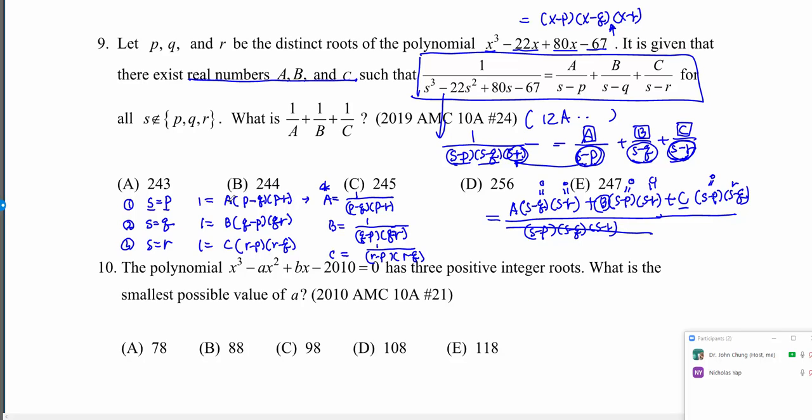Over here, 1 over A equals this one, 1 over B equals this one, 1 over C equals this one. We don't need A, B, C themselves, just the reciprocals. 1 over A is how much? P minus Q times P minus R. That is 1 over A.